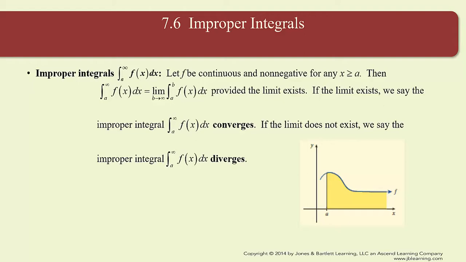Then we're going to rewrite the improper integral from a to infinity f of x dx as the limit as b goes to infinity of the integral from a to b f of x dx. If that limit exists, we say the improper integral converges. If the limit does not exist, we say the improper integral diverges.